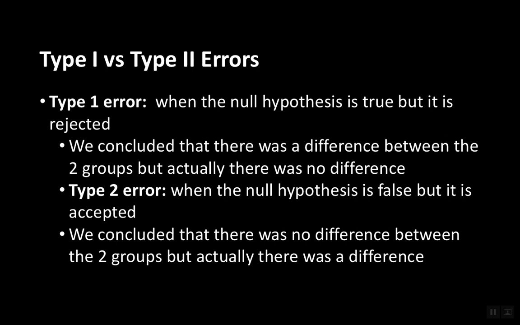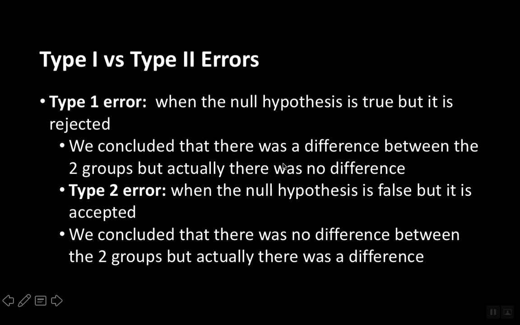And that's what made us accept that, yeah, okay, so the world is not flat. But then there was that small chance, right? That 5% chance of the world actually being flat, even though your p-value is less than 0.05. Okay? So that's basically what they're trying to say for the type 1 error.